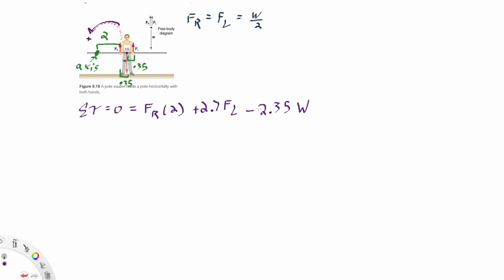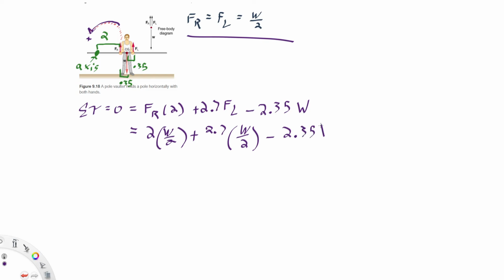Now that we've written out the sum of torques, we actually can use this information that the problem gave us about forces. So we have 2 times weight over 2, plus 2.7 times weight over 2, minus 2.35 weight.